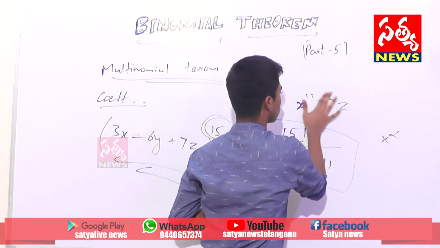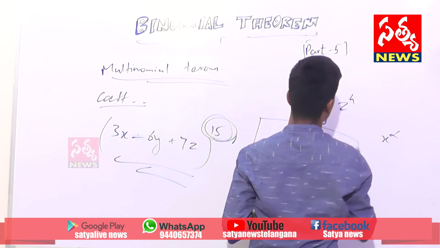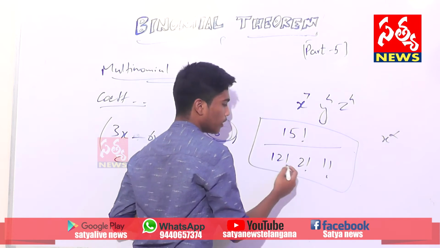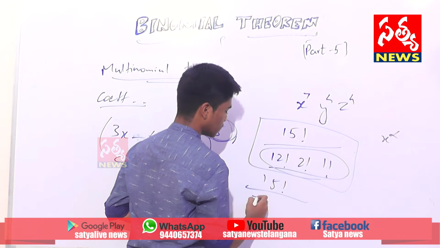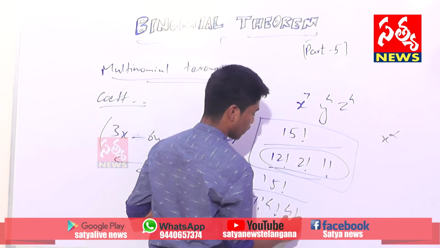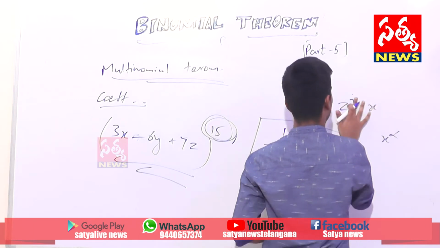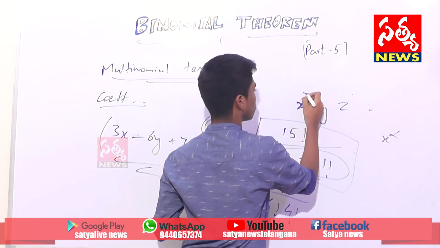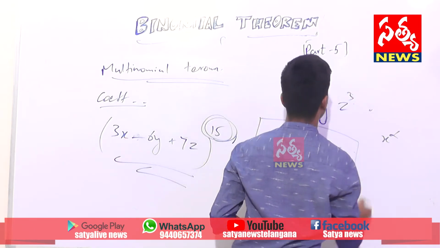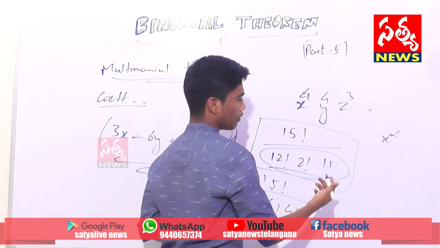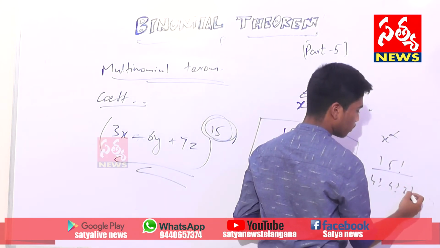If at all there is 7, 4, 4, then automatically the denominator part changes to 15 factorial by 7 factorial into 4 factorial into 4 factorial. And similarly, if we take 4, 4, 3, how to write 15 factorial by 4 factorial into 4 factorial into 3 factorial?